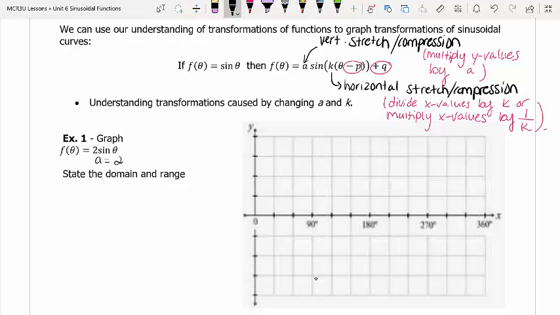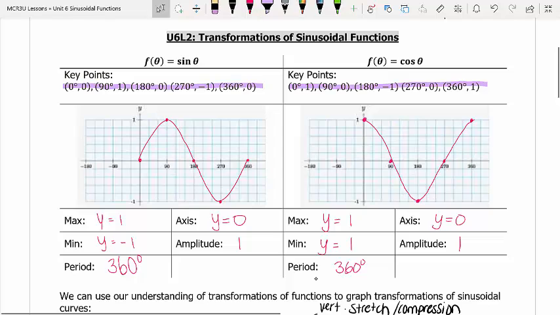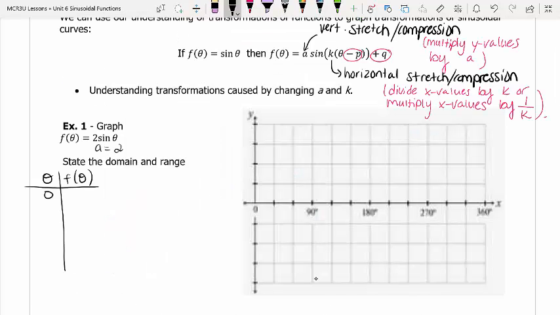Let's create a table of values with our base graph. Our base graph is just made up of those key points that we saw at the start of the lesson, and those key points are from our base graph. If you forget them, you can grab them from up here.